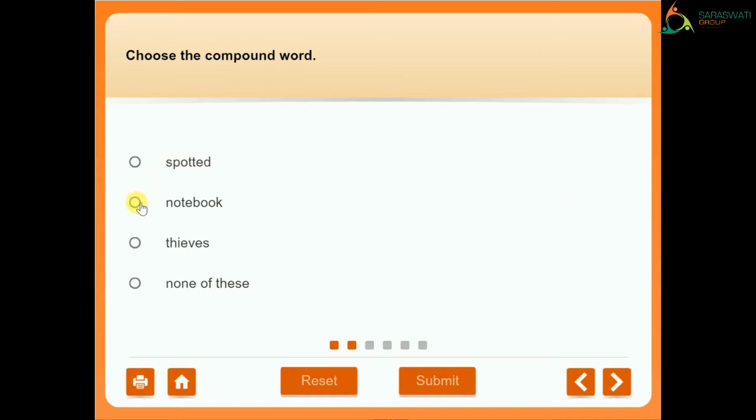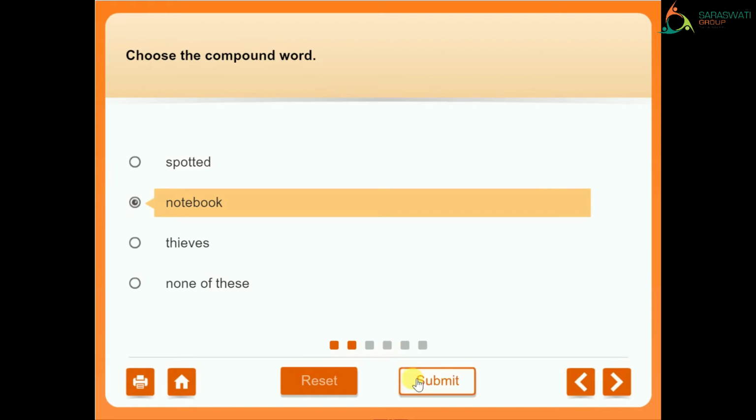Let me see whether my guess is correct or not. Again, I will have to submit that. Oh yes, it is correct. The word notebook is made up of two words, that is note plus book. Let us go further.